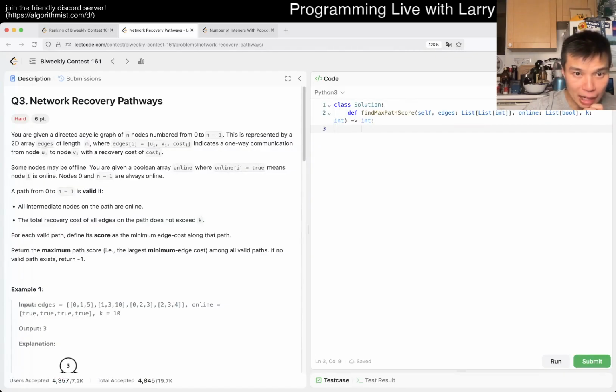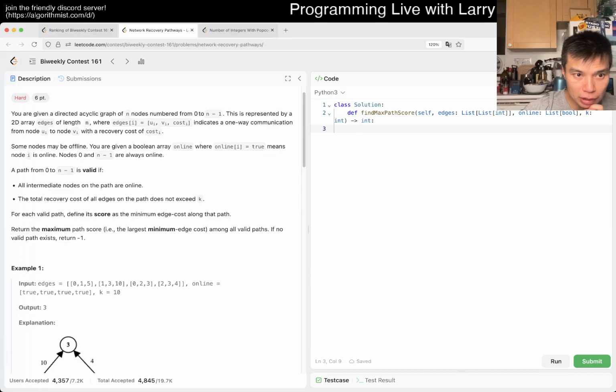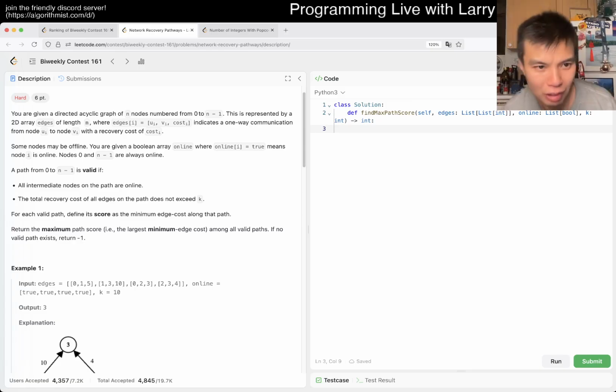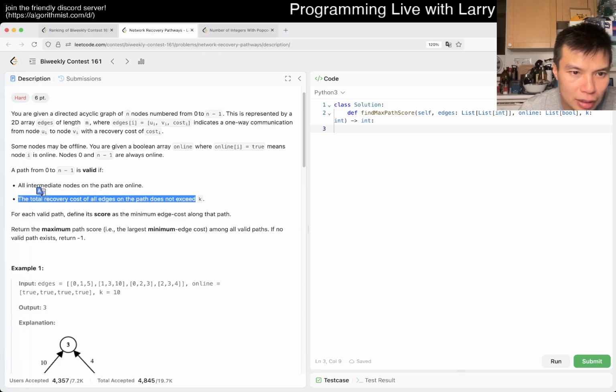We have a DAG, 0 to n-1, u v cost. Okay, some nodes online, 0 and n-1 online. What's the recovery cost? They talk about, oh, the recovery cost is the cost. All intermediate nodes, okay, that's not, okay.